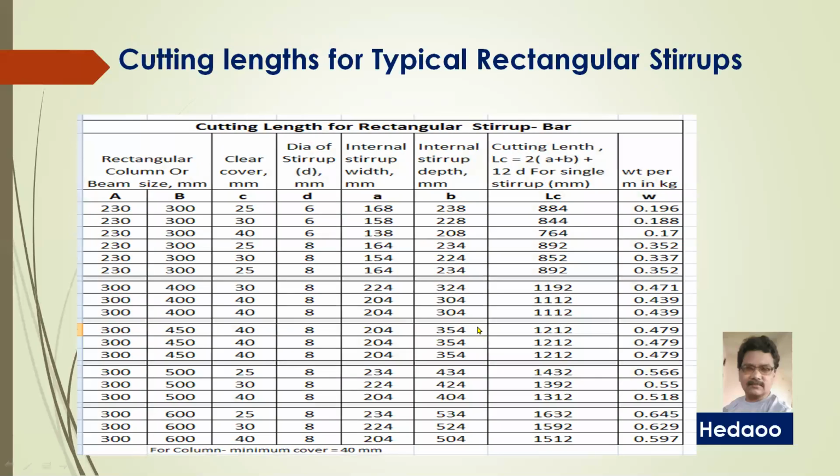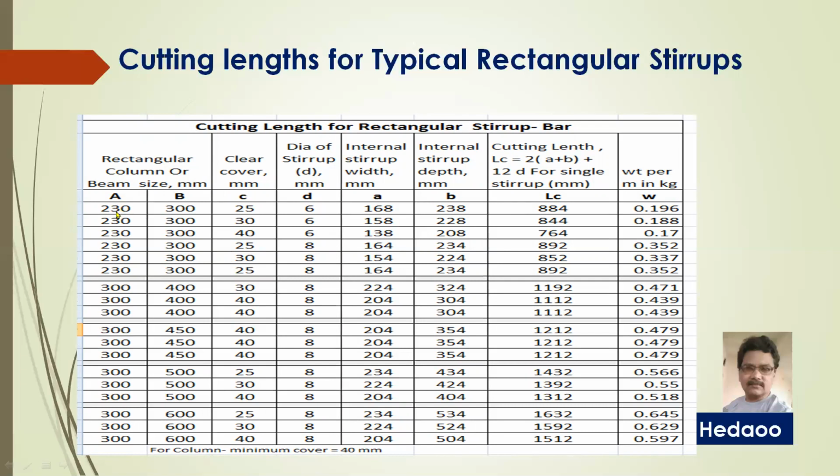Now friends, here I have grouped some columns or beams with different covers and different diameters of stirrup. Generally 6 mm or 8 mm bars are used. So you can remember, or take the values directly, of the cutting length of bar.